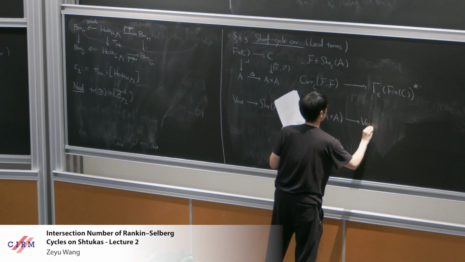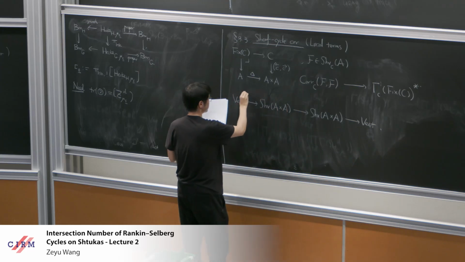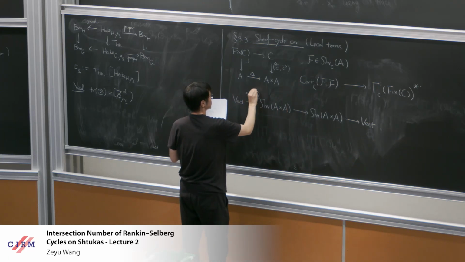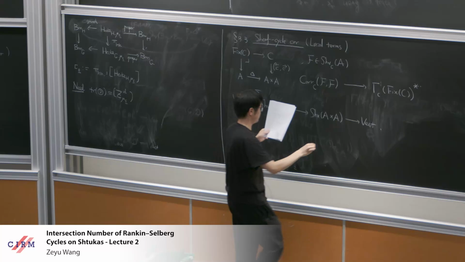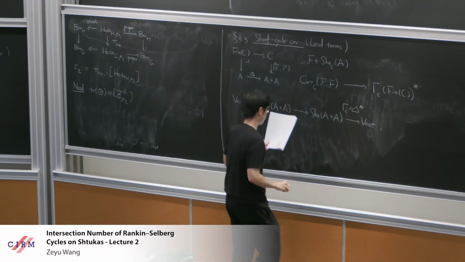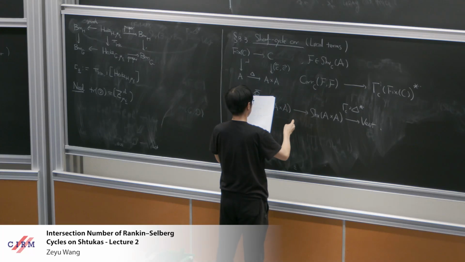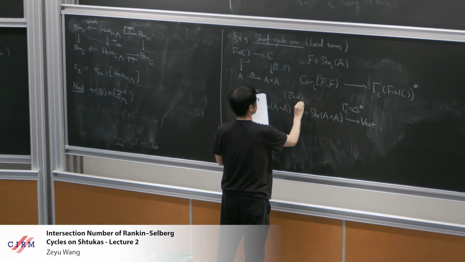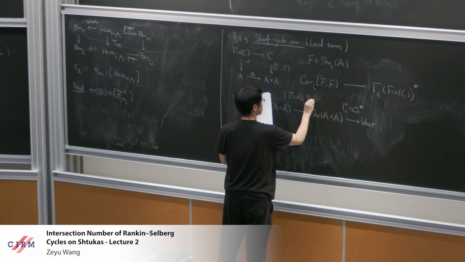You put the diagonal pushforward with constant sheaf and the diagonal pullback and compare the supported cohomology. And here you put the functor induced by this correspondence.